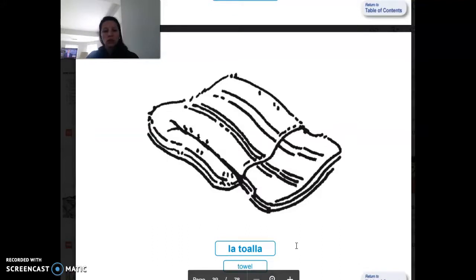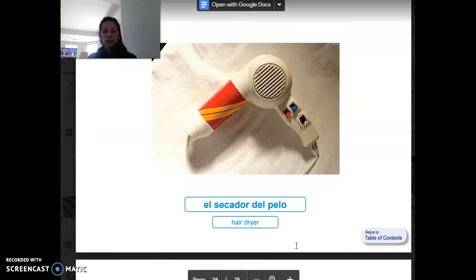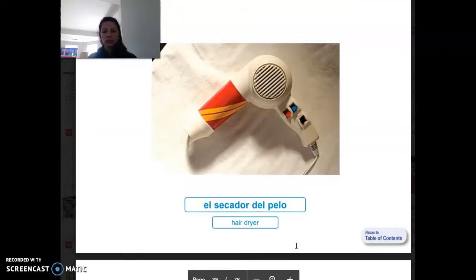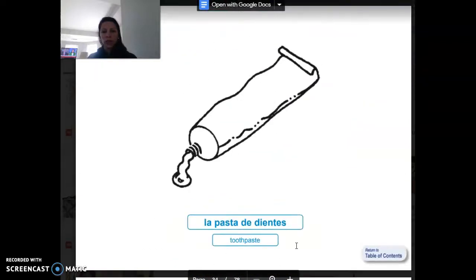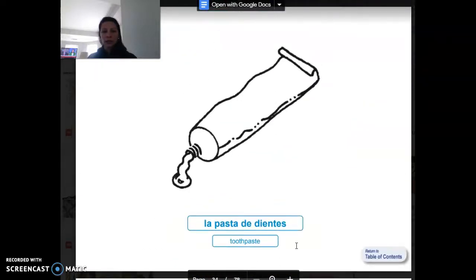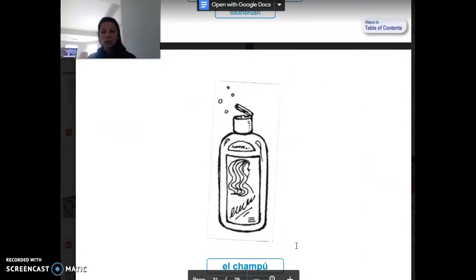Now I'm going to show you some of these objects and I'm going to stop there and I hope that you can give me, looking at your vocabulary, an action they're tied to. Okay. So, el secador de pelo. La pasta de dientes. El champú.